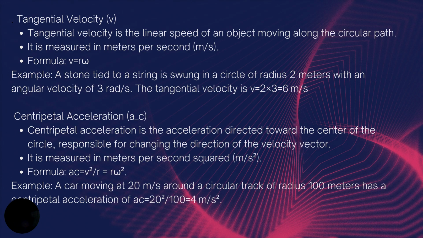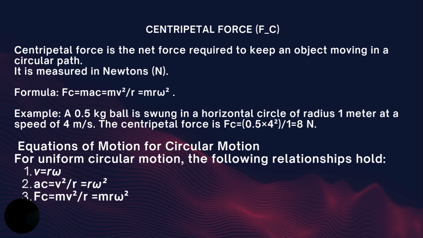Then if we readjust the formula, we are going to have centripetal acceleration as r omega squared. There's another example here, and I don't know why this is blocking it, but if you can see it, there's another question there and it has been worked out too for you.